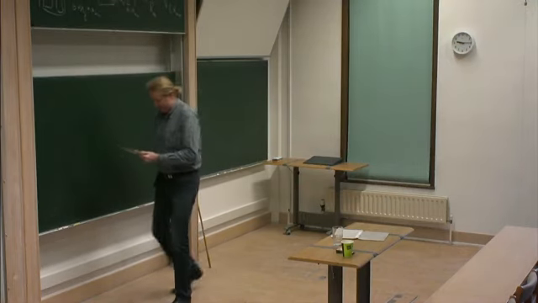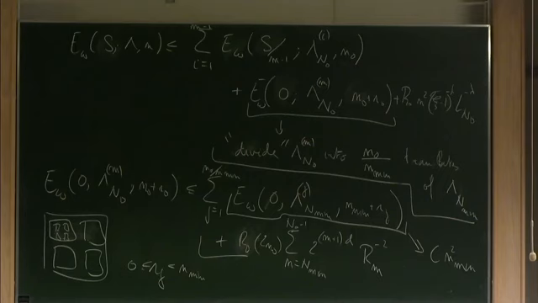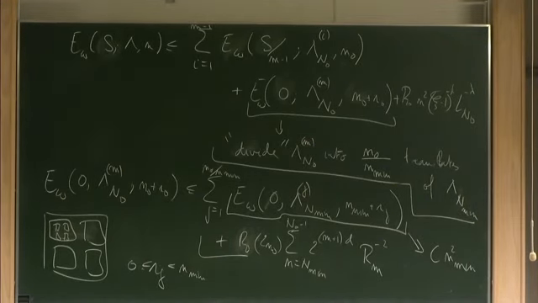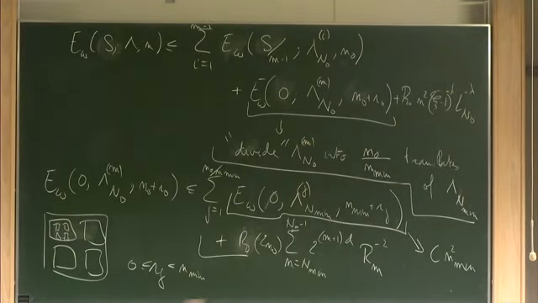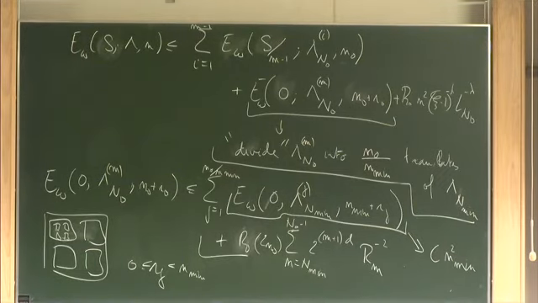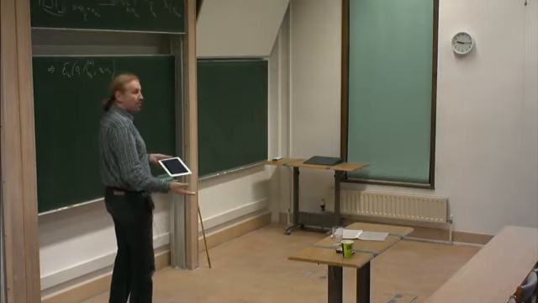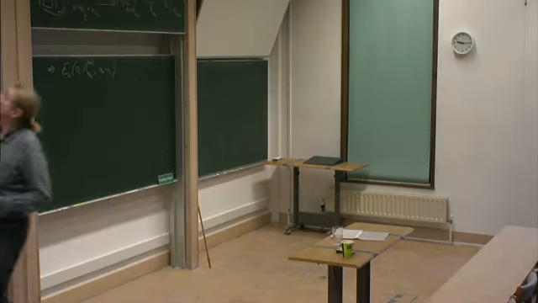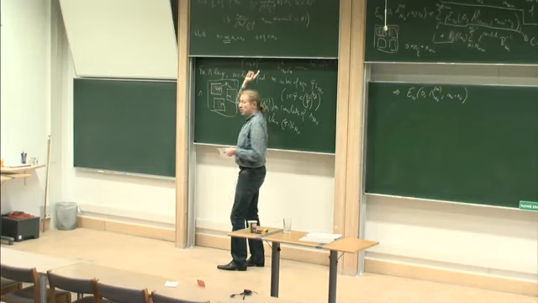Find the bound of that type. And if you now plug this bound in there, compute the sum, you get that E omega of 0 lambda n0 m n0 plus r0. Remember, even though it's called n0 and r0, this grows to infinity, because of the definition of large n0.